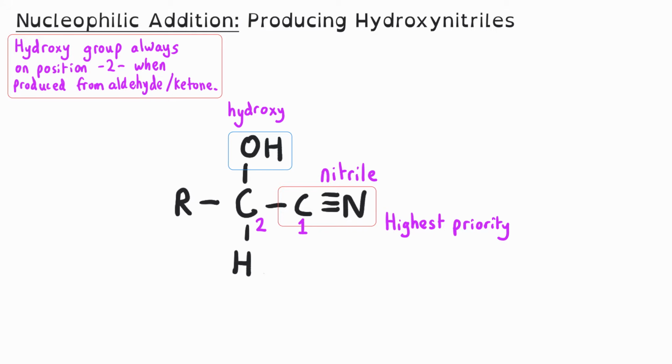And because the nitrile has the higher priority, we refer to this as a hydroxy group rather than an alcohol group. And after that, the length of the carbon chain is what determines how this molecule is named. And so if we had a chain of 3, so we had a CH3 group in the position of this R group, we would refer to this as a nitrile, highest priority.